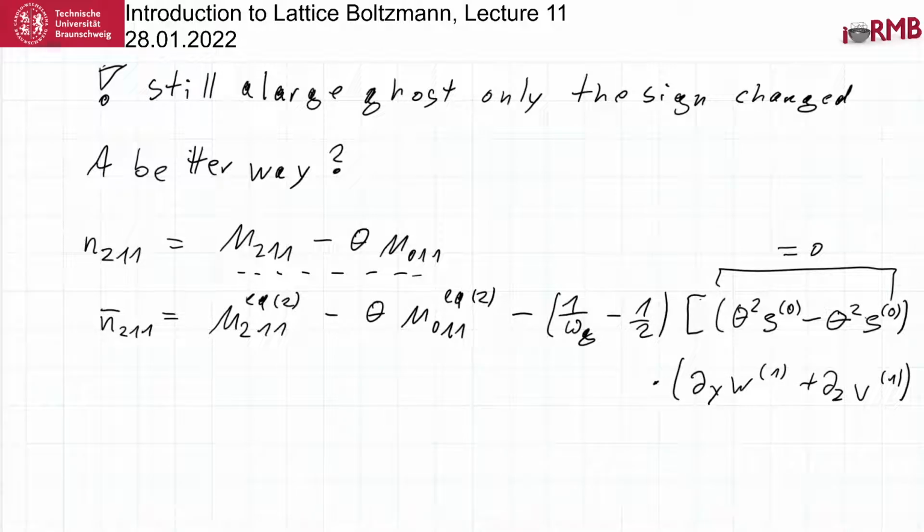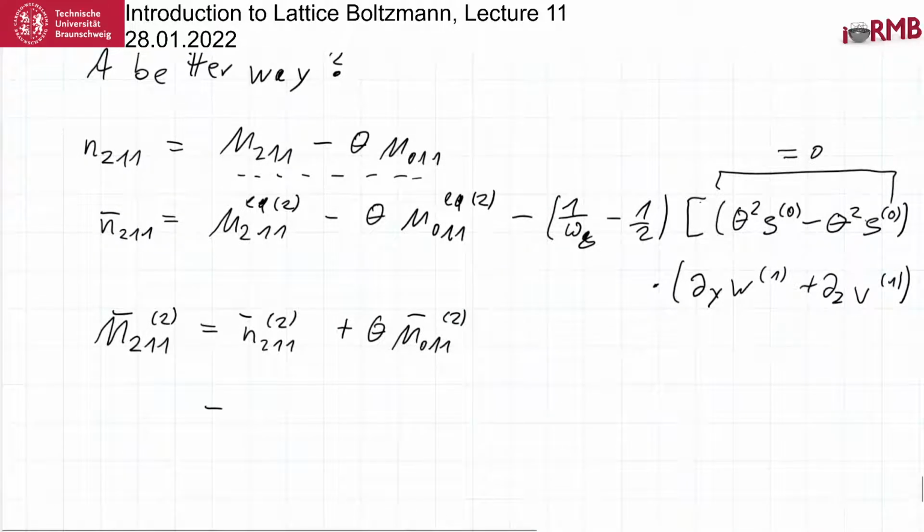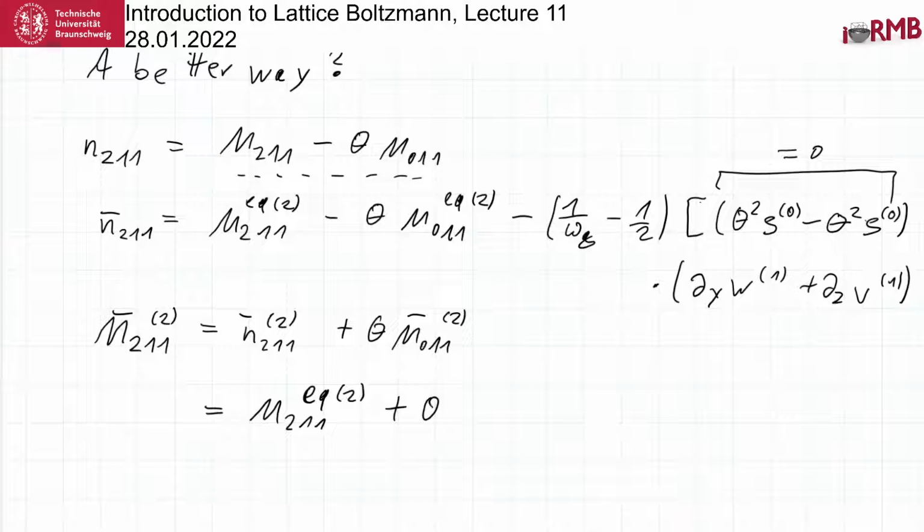But now we can also look at our original ghost M211 under these conditions, and we say this is n211 plus theta M011, and this is M211 equilibrium 2 plus theta 1 over omega minus 1/2.